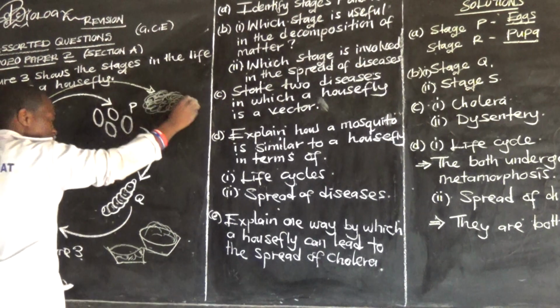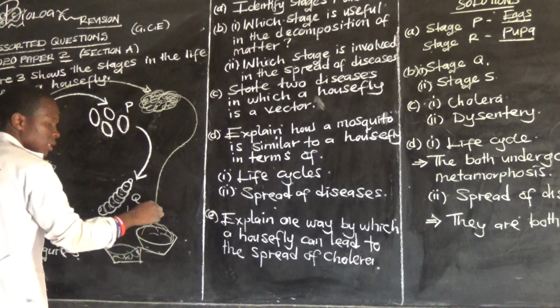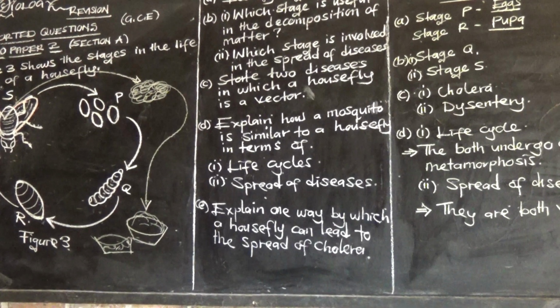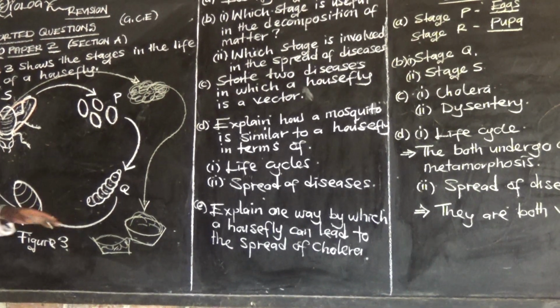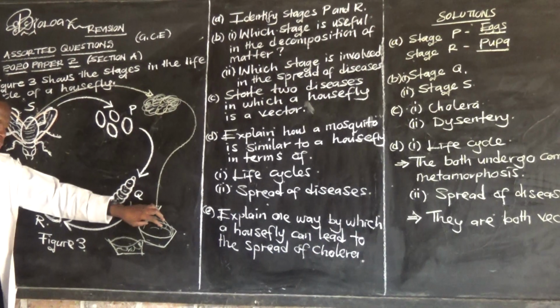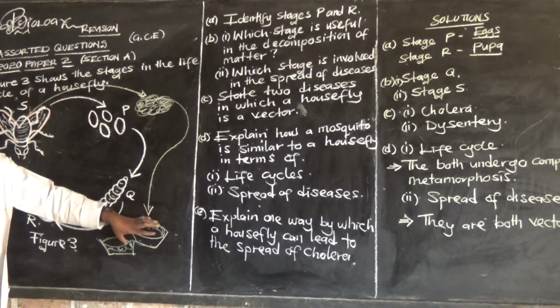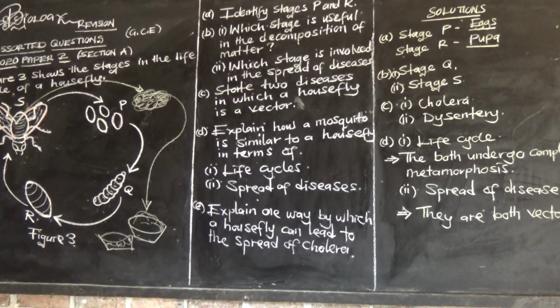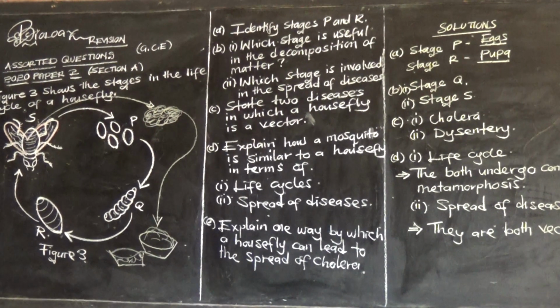Then it flies and sits on uncovered food, and those cholera pathogens are going to remain on the food. If you consume the food, you end up having cholera. So you give an explanation.